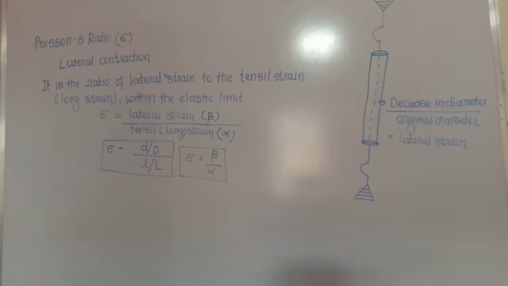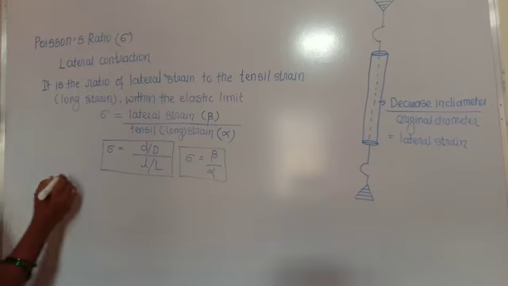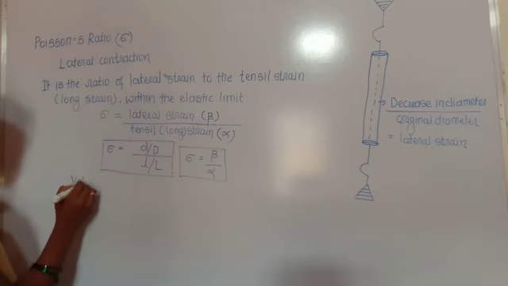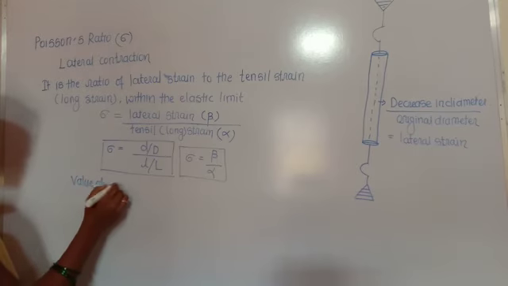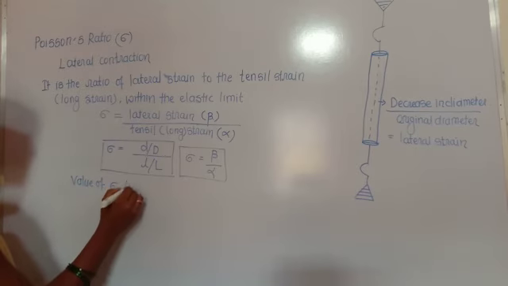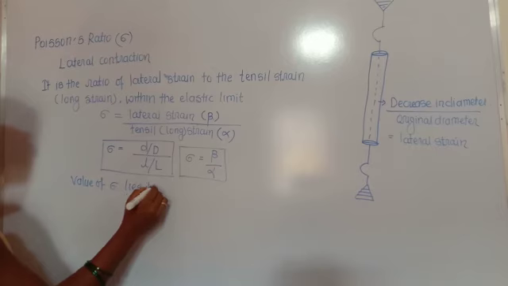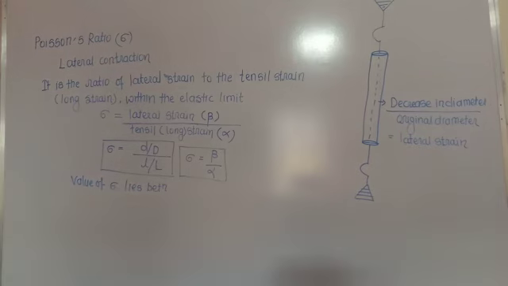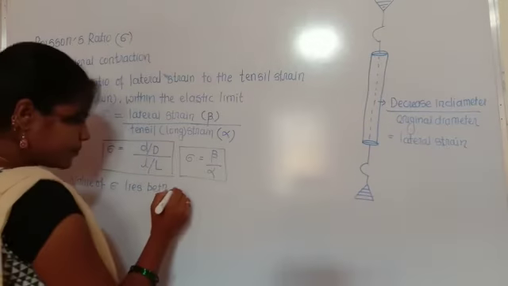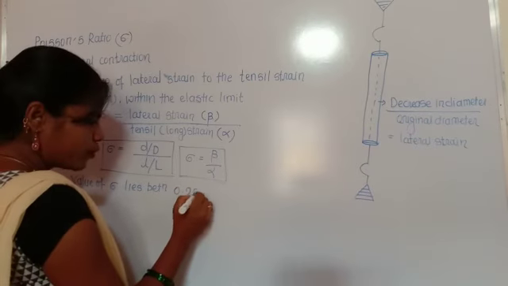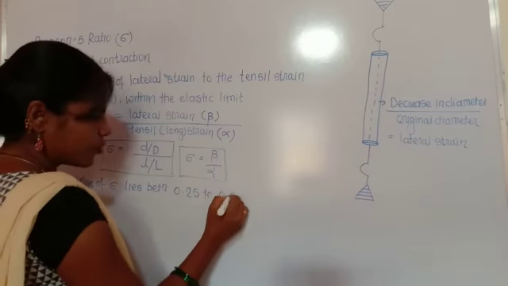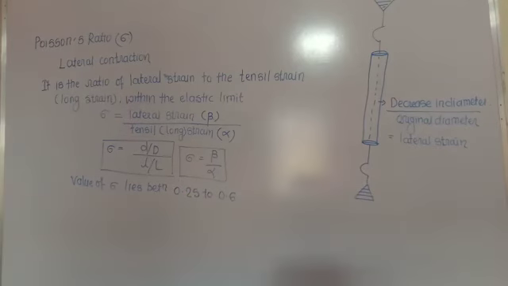The experimental value of sigma for many materials lies between 0.25 and 0.6.